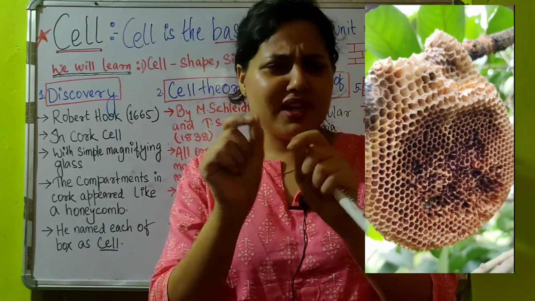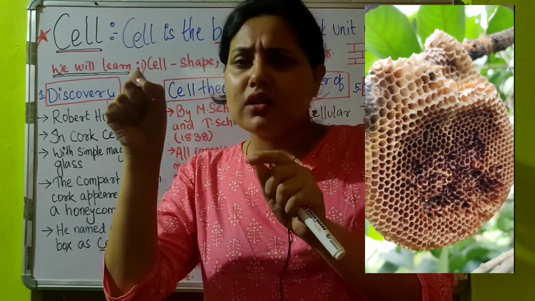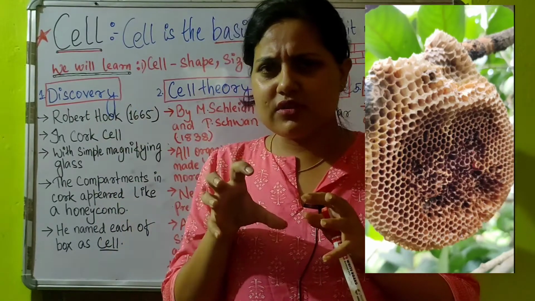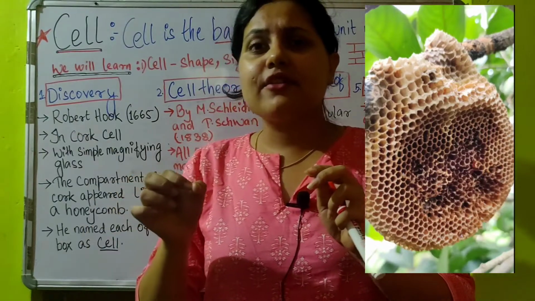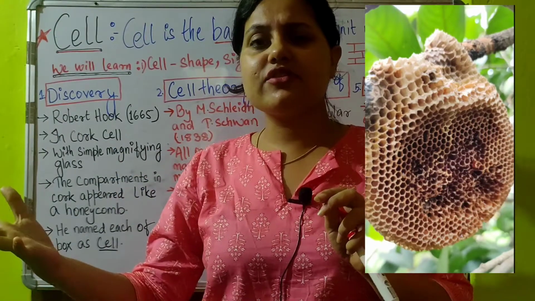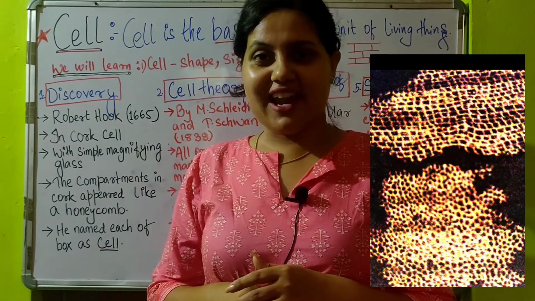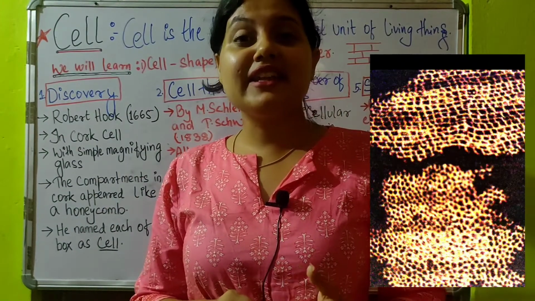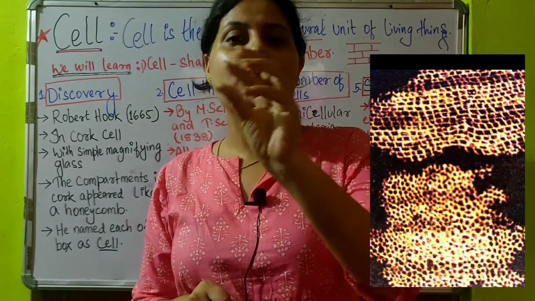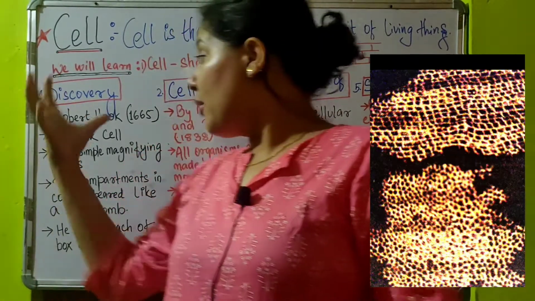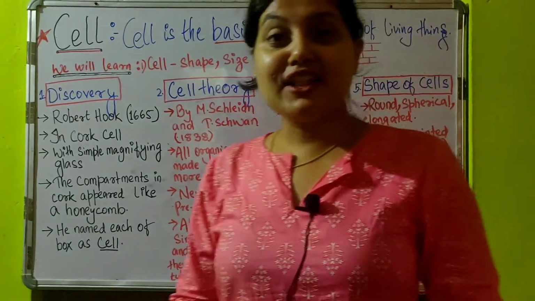In a honeycomb, you can see that there are tiny boxes, small boxes, right? He saw the same kind of structure when he saw the cork with the help of a magnifying glass. And then he named each compartment, each box. What name did he give? He named it cell.